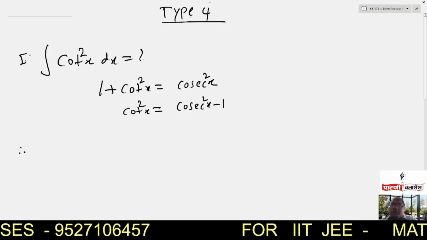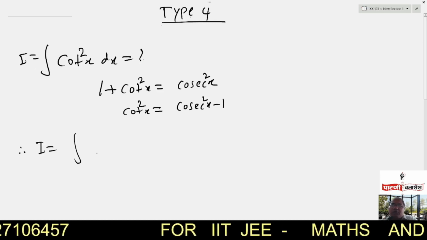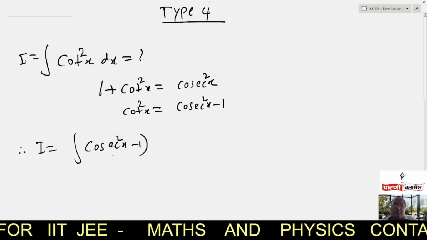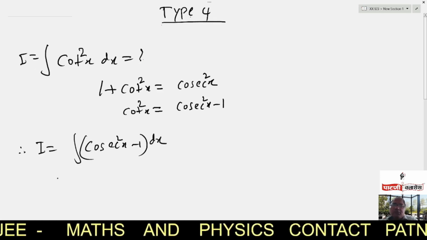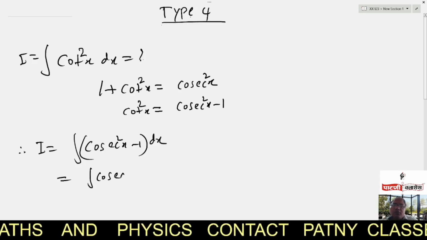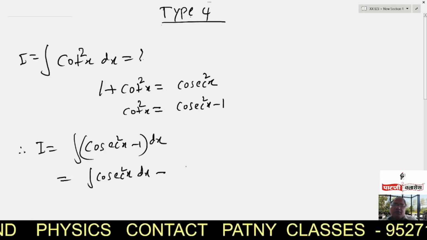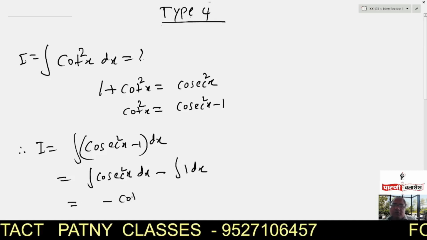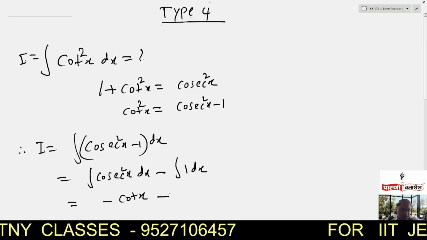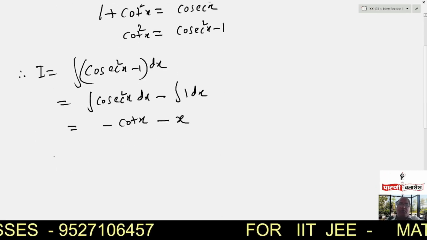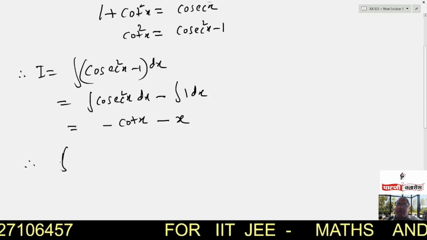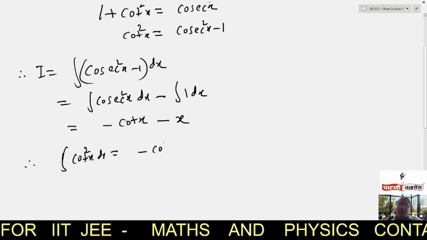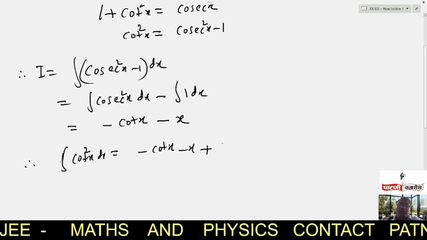Therefore, integration I equals, in place of cot square x, you can write cosec square x minus 1 with respect to x, equals integration of cosec square x dx minus integration of 1 dx. Integration of cosec square x is minus cot x, and integration of 1 is x. Therefore, the final answer: integration of cot square x with respect to x equals minus cot x minus x plus c.